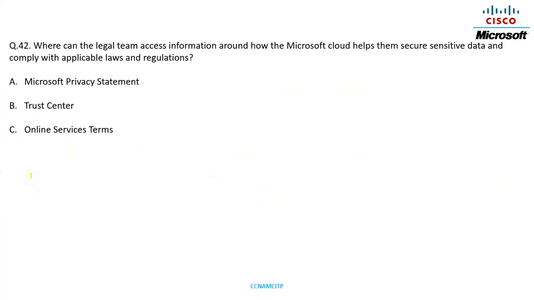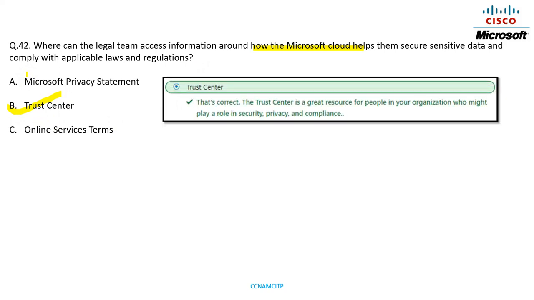The next one, where can the legal team access information around how the Microsoft Cloud helps them secure sensitive data and comply with applicable laws and regulations? So it is like Trust Center or Microsoft Privacy Statement or online services. You got three options and it is Trust Center.